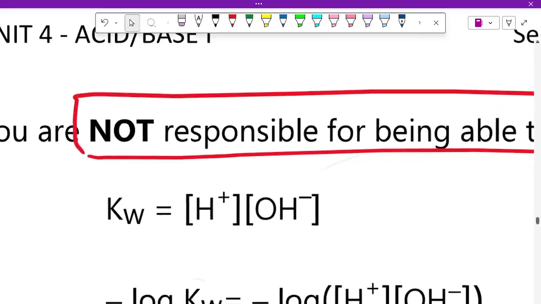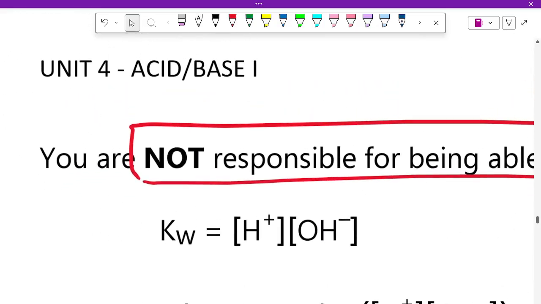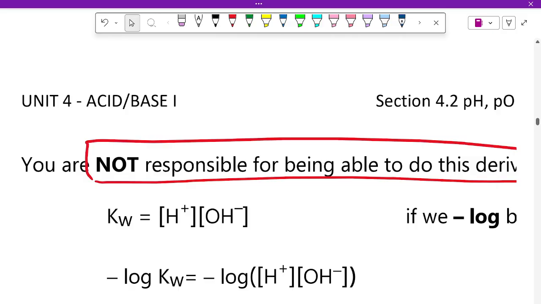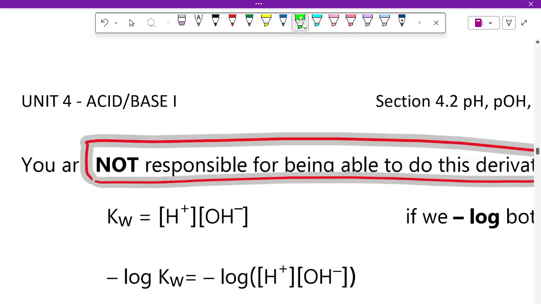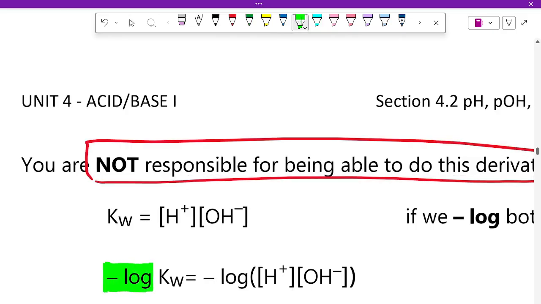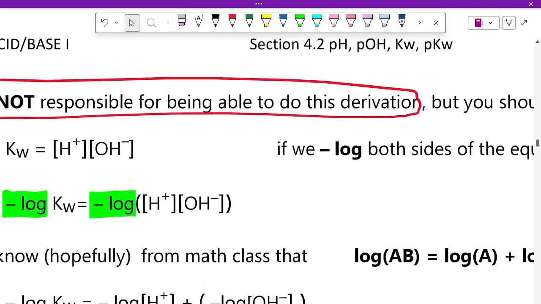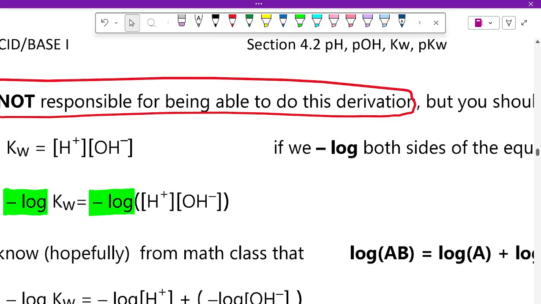So let's take our KW expression. We are going to log both sides. In fact, we're going to negative log both sides. So we're going to negative log the left side, and we're going to negative log the right side. Now what we have here is negative log of A times B. Yes?